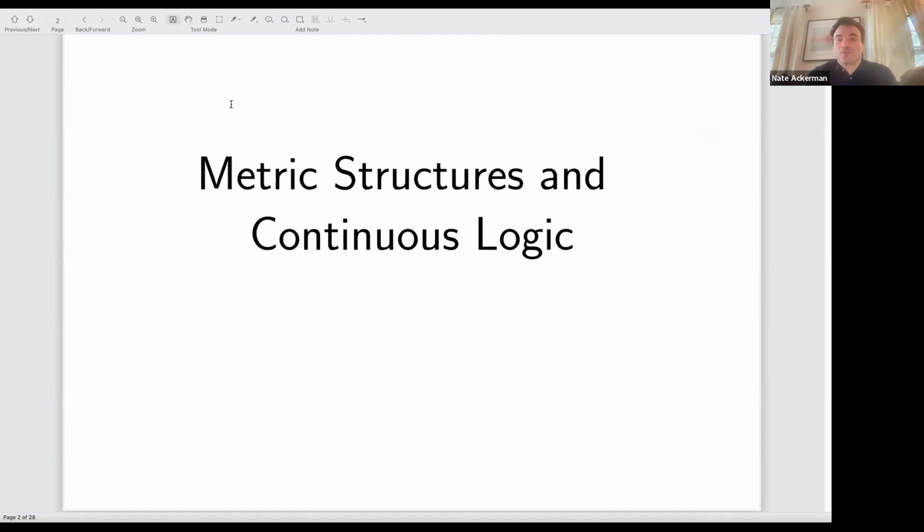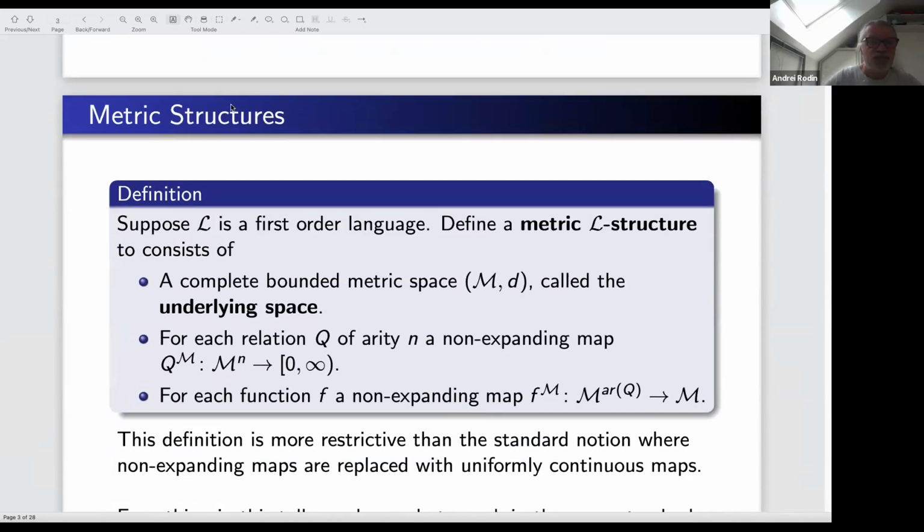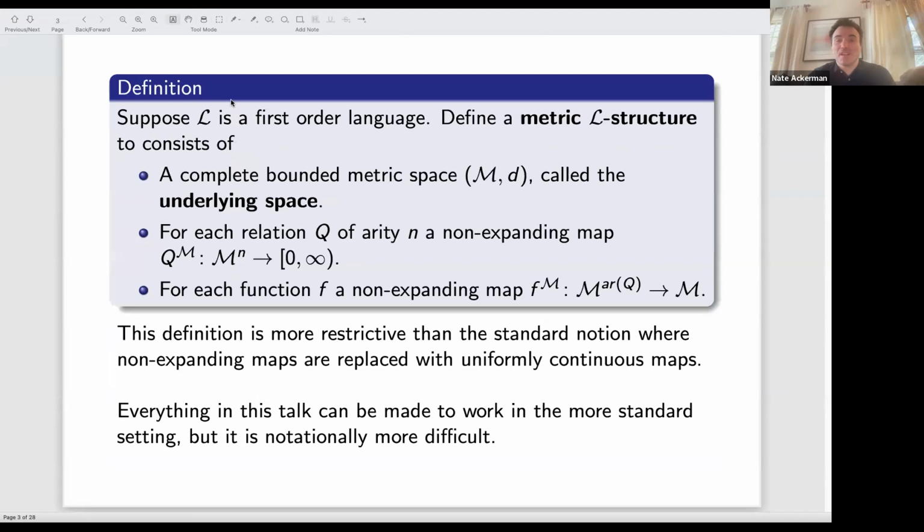So first, we're going to review a little bit about metric structures and continuous logic. Before I go into the definition, I want to say just a word or two about continuous logic. I'm not going to go into much of the history, but over the last 15 to 20 years, there's been a consensus that continuous logic is in some sense the right logic to study continuous structures, i.e. structures that are built from metric spaces in various ways.